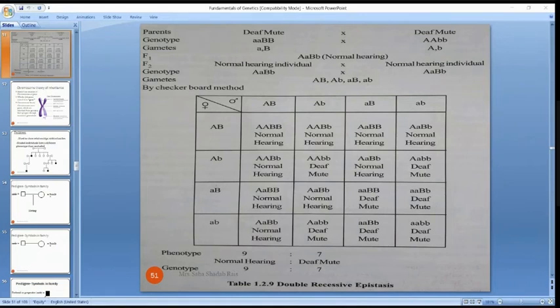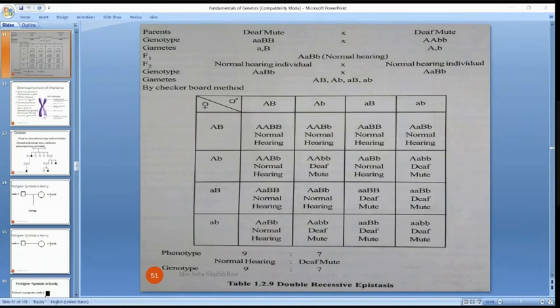In the case of the double recessive, only when both dominant alleles are present can the dominant trait be observed. In the absence of a single dominant gene, the organism will acquire the recessive trait.